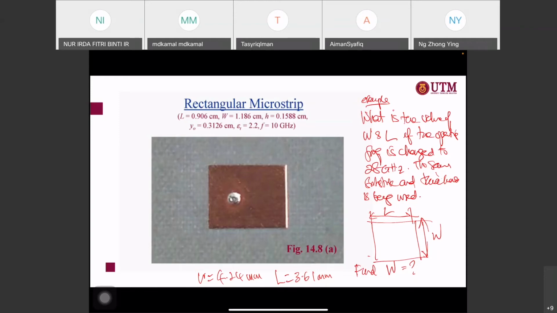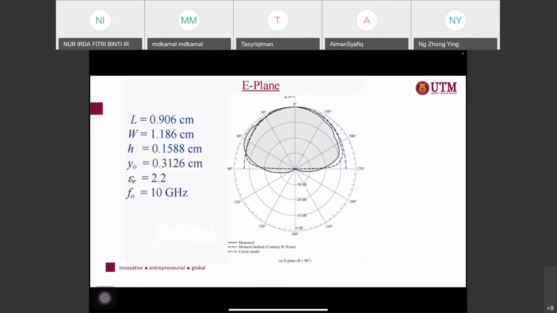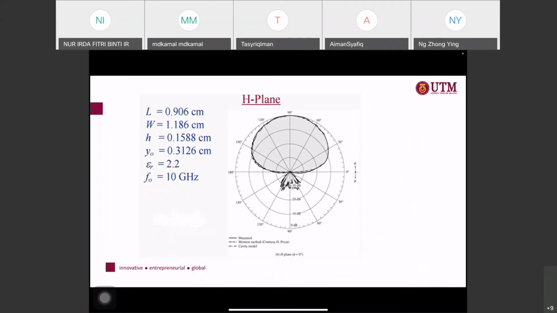Okay, Ainin Sophia, do you get the L? Okay, so this is the E-plane, and this is the measured result, and they calculated it in terms of the moment method. This is the E-plane for the microstrip and this is the H-plane for the microstrip antenna that you obtained before, at 10 gigahertz.